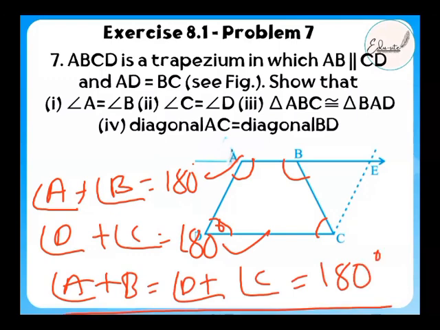Right, all of these are in the same line. So we can write angle A and angle B is equal to 180 degrees, and angle D plus angle C is equal to 180 degrees.